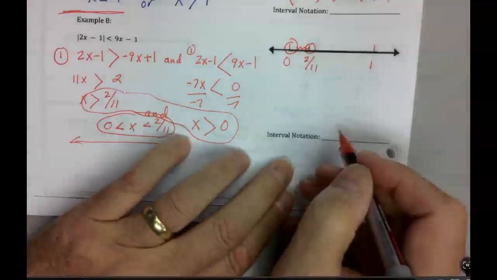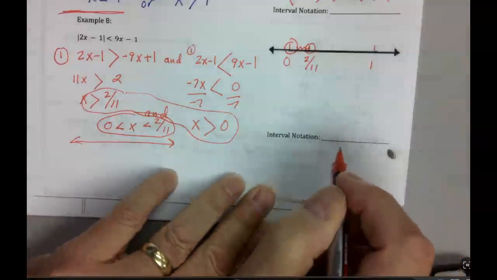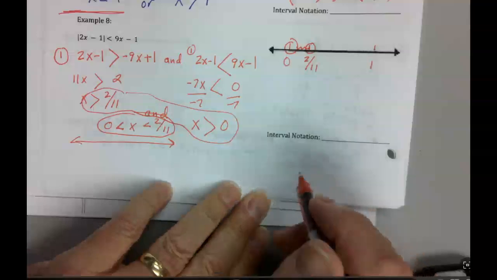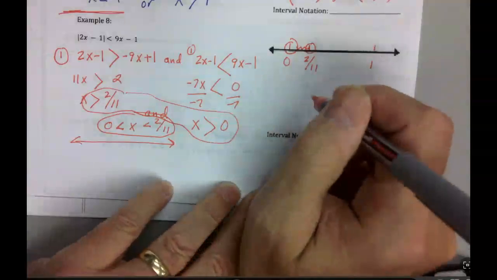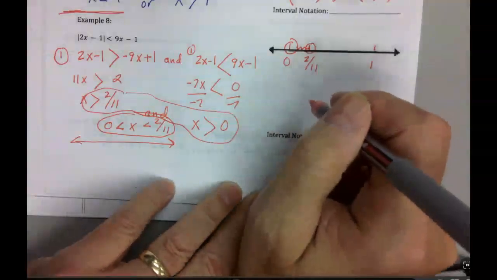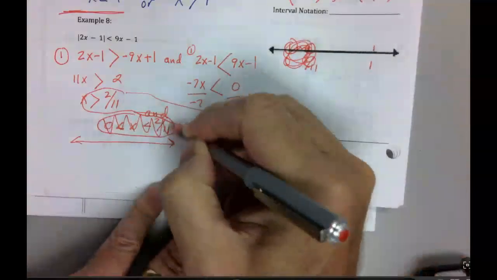Interval notation would be, this one is tricky. Oh. Anybody catch my mistake? Watch this one. Look at this one. This one was tricky.